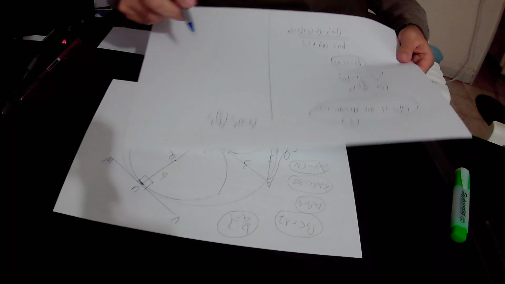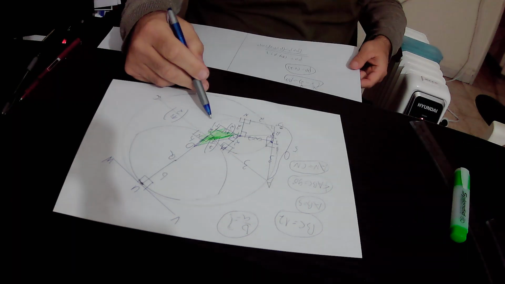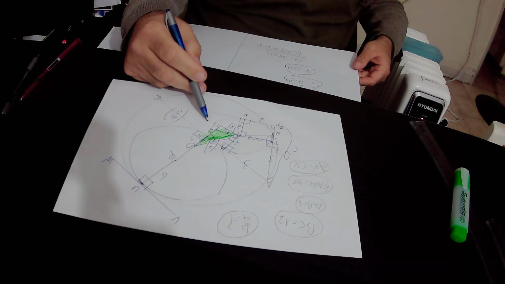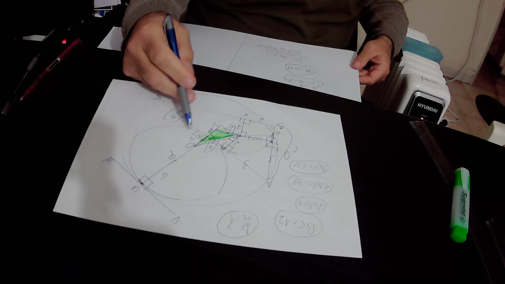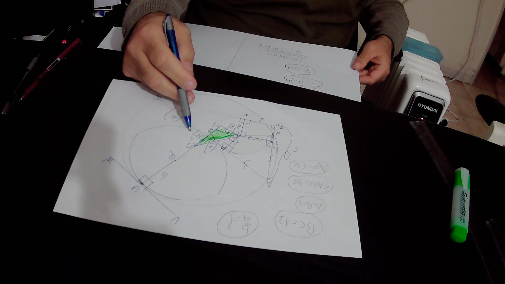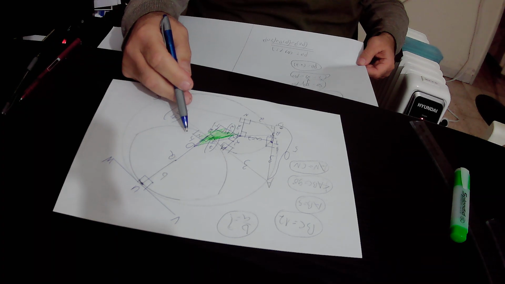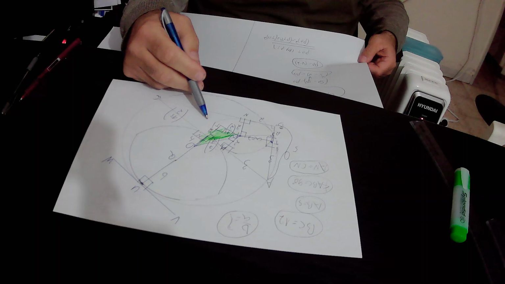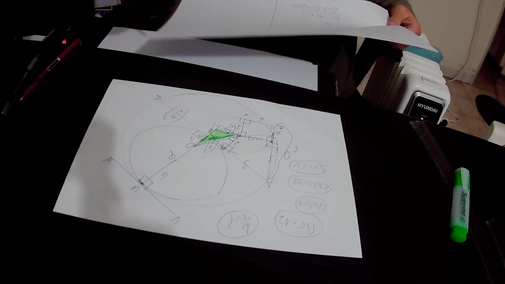Plus TO square. Here, TO in total equals TN plus NO, that is TN is 2, plus NO, that is H. So in total TO equals 2 plus H. If TO equals 2 plus H, it means that TO square equals 2 plus H square.